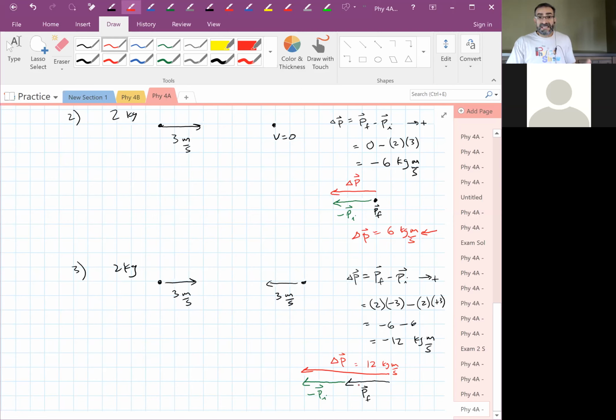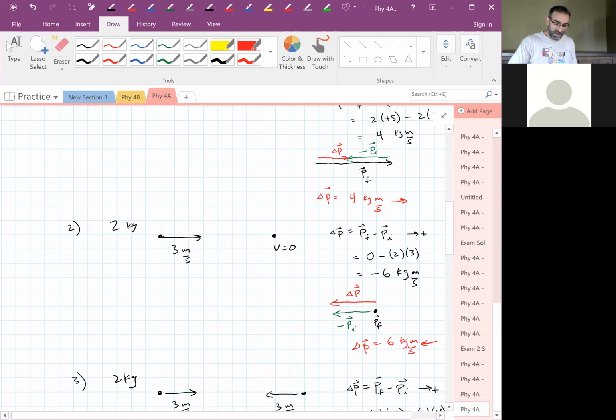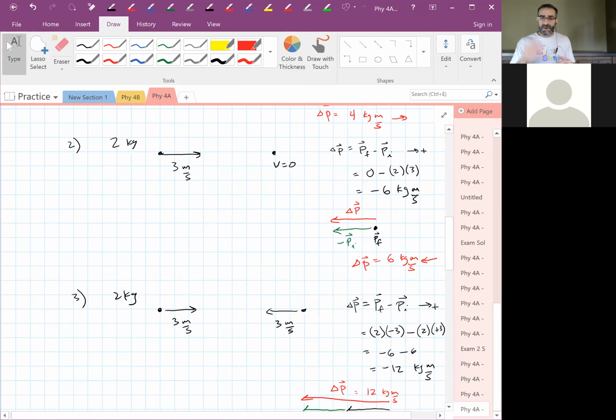So was the force on our object in case 2 larger, or was the force on our object in case 3 larger? Sometime between our initial and our final state, a force acted on this thing and caused its motion to change. It was moving 3 meters per second, then it stopped.